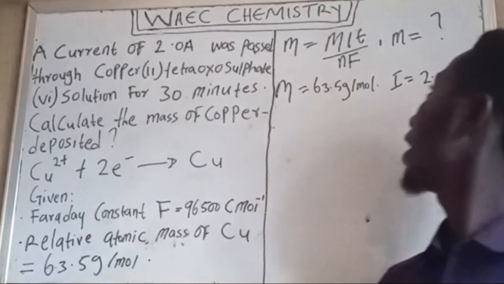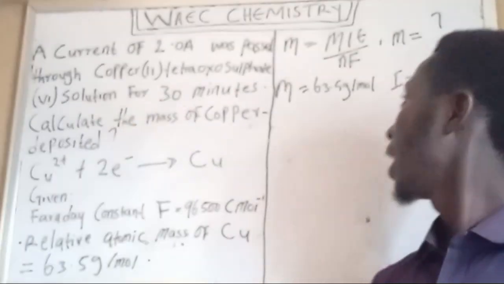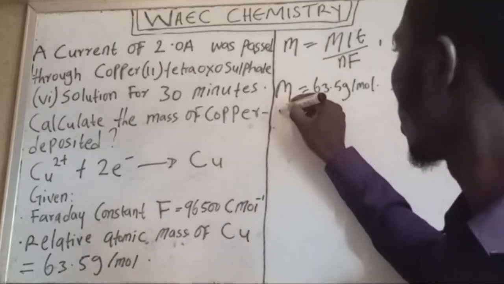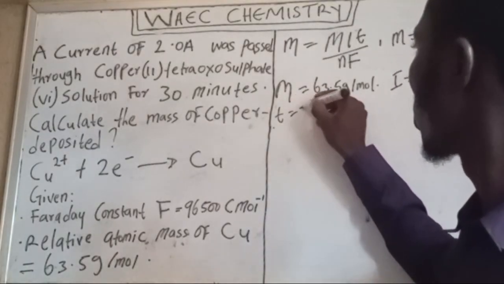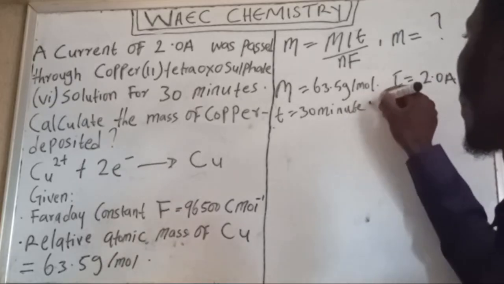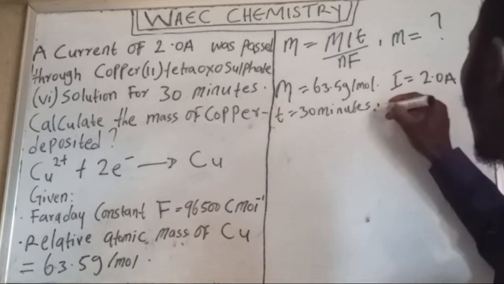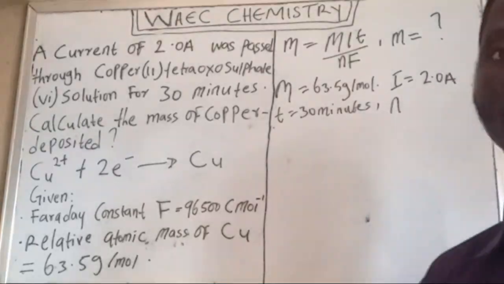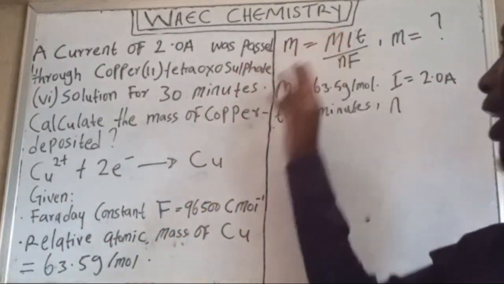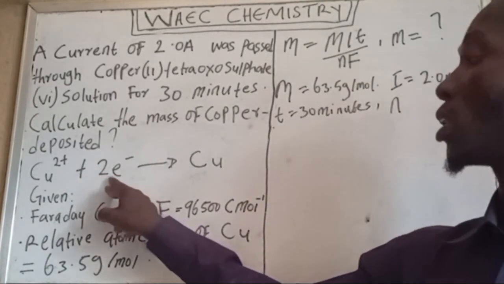Then the next thing is our t, which is time, and our t in this question is 30 minutes. Then the next thing, n, is the number of electrons exchanged, which is 2.